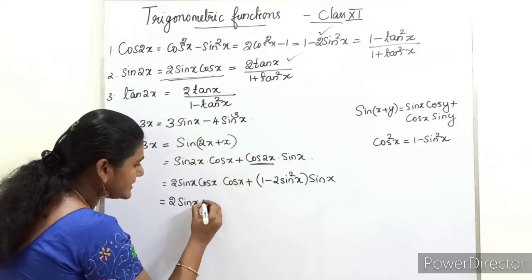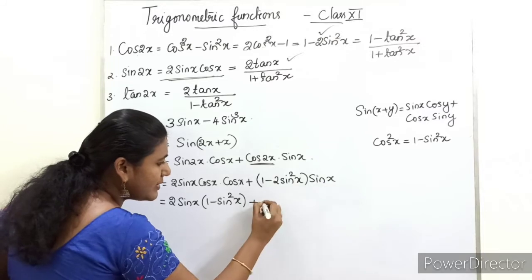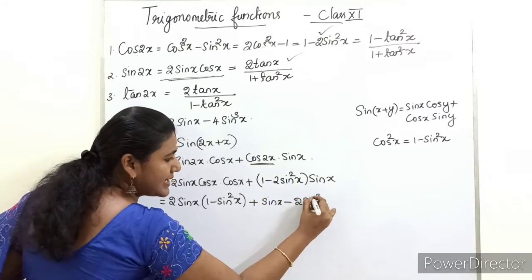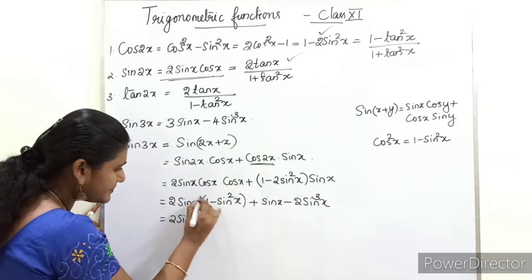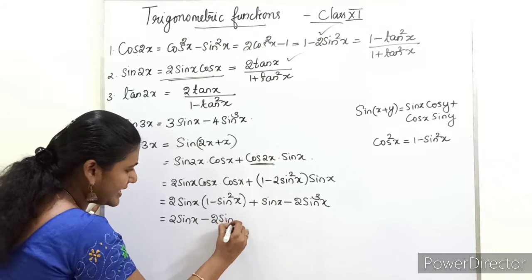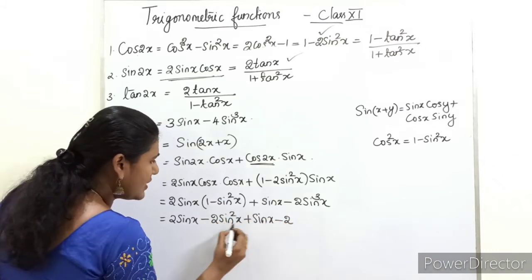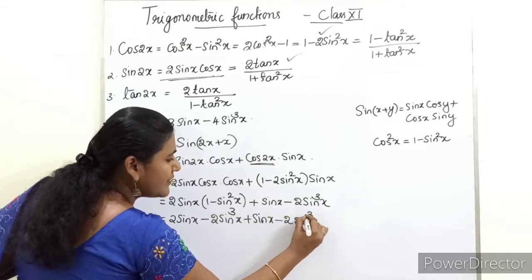So we can replace this as 1 minus sin square x. Plus here we will multiply, so sin x minus 2 sin cube x. Now we will again simplify. So 2 sin x minus 2 sin cube x plus sin x minus 2 sin cube x.